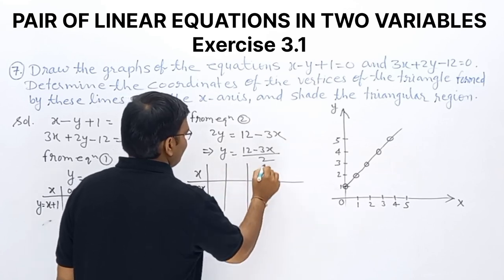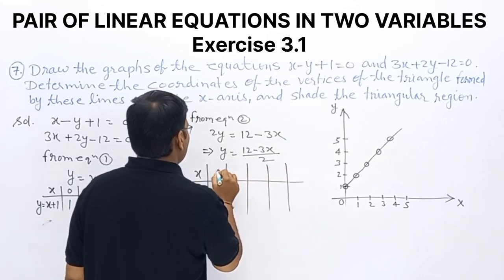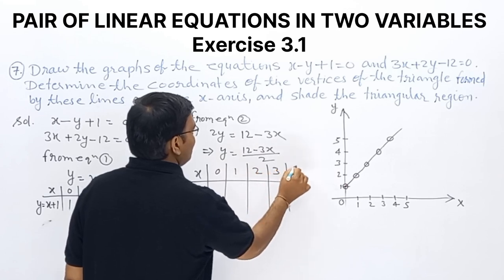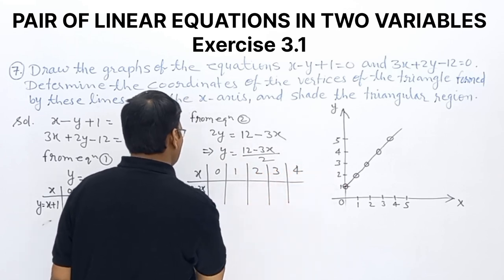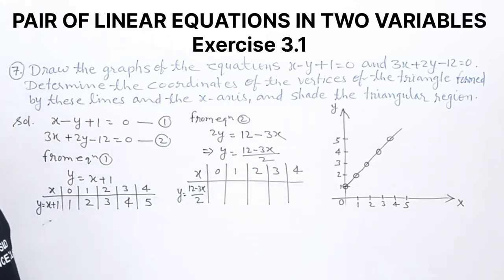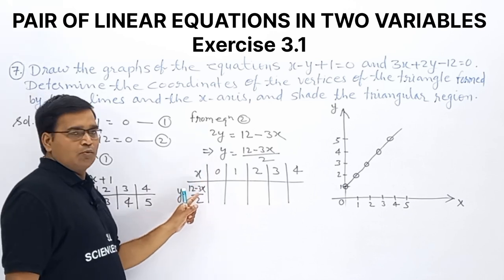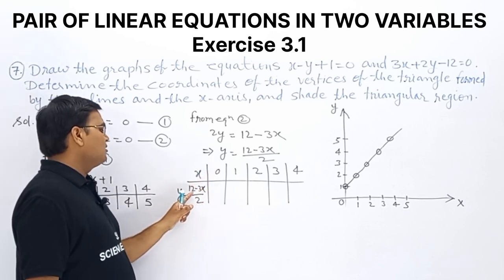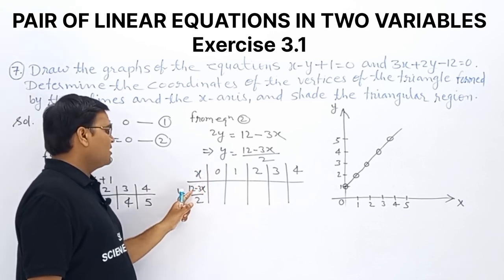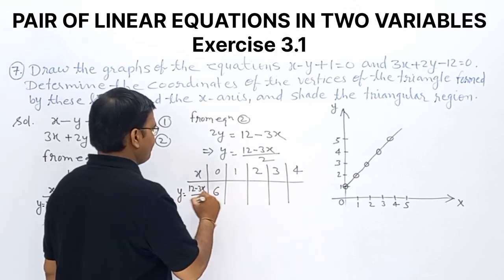Again I am taking the same values, 0, 1, 2, 3 and 4. What will be the values of y? First I am taking x as 0. Then we get 12 upon 2, which is 6.